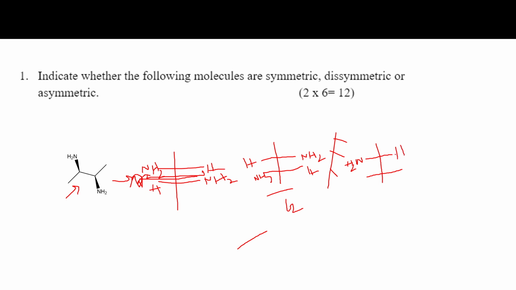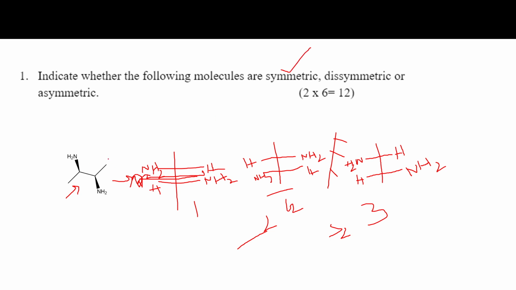This will be your hydrogen, here this will be your hydrogen, and this will be your NH2, which is exactly the same: this one is one, this is two, and this is three. So 1 and 3 are exactly the same. So this molecule has S2. So this molecule is not disymmetric or asymmetric. So this molecule is symmetric.